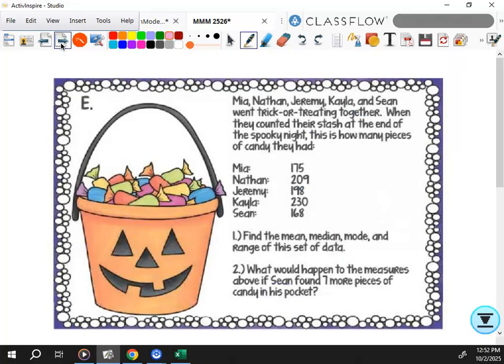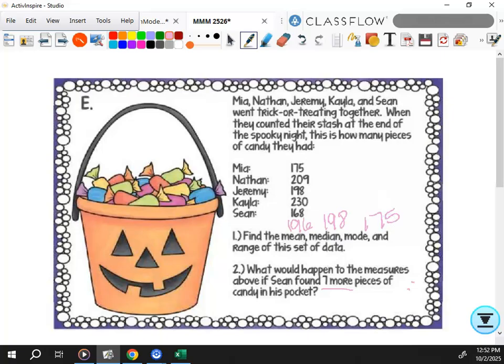Okay, let's just talk about the 2 here. What would happen to the measures above if Sean found 7 more pieces of candy in his pocket? So, the mean here, this is 196, 198, and 175.